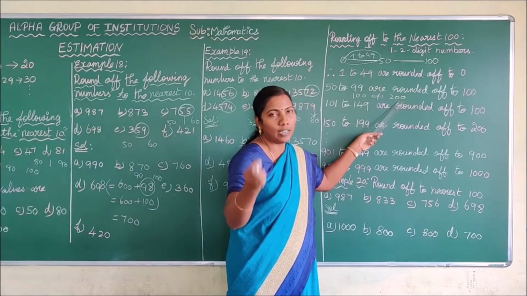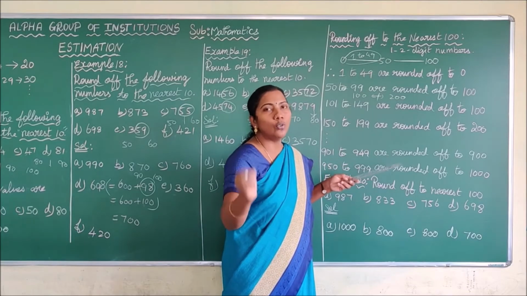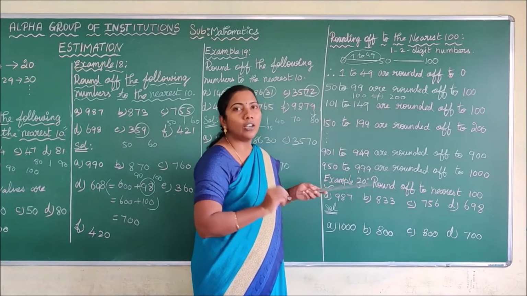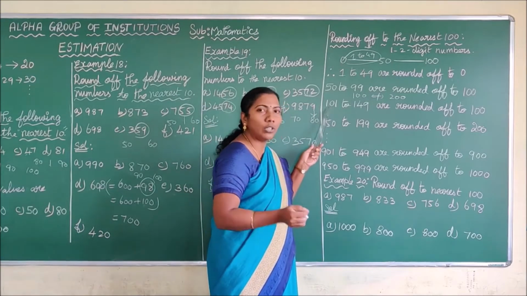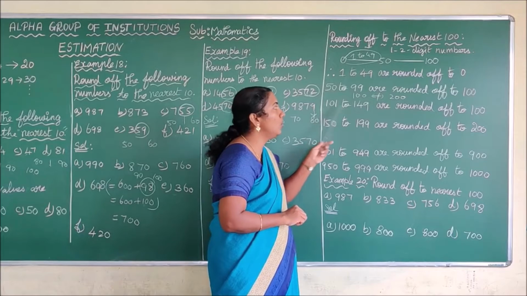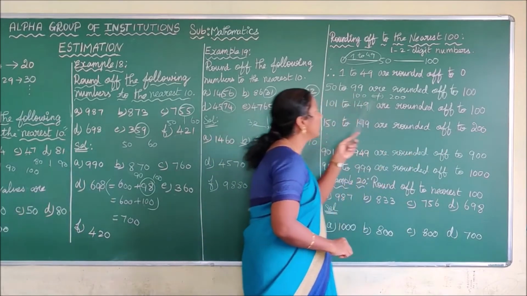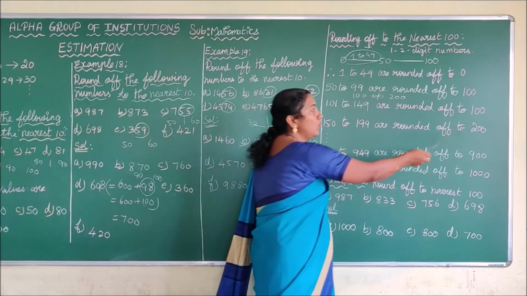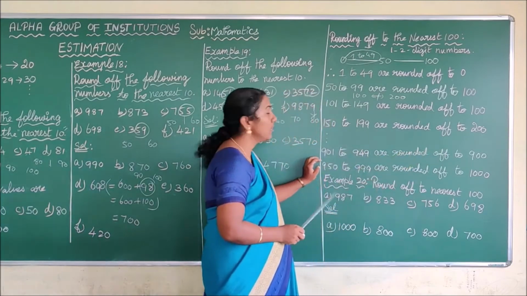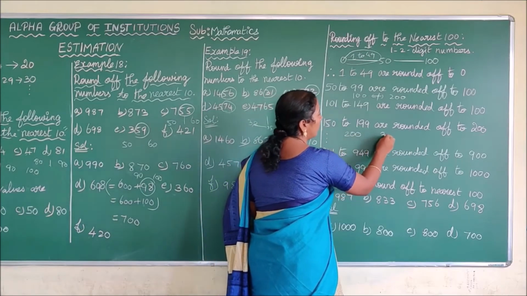For the nearest 100 you have to take the extreme values 100 to 200, 200 to 300, 300 to 400, like that. So 101 to 149, including 100 also, are rounded off to 100. Similarly, 150 to 199 are rounded off to 200. It's clear, children? Let us consider the next 100 numbers, 200 to 300.